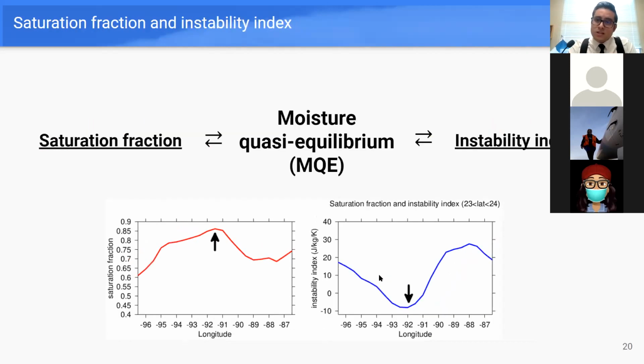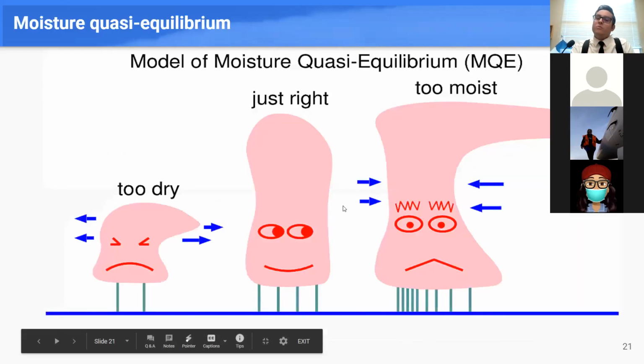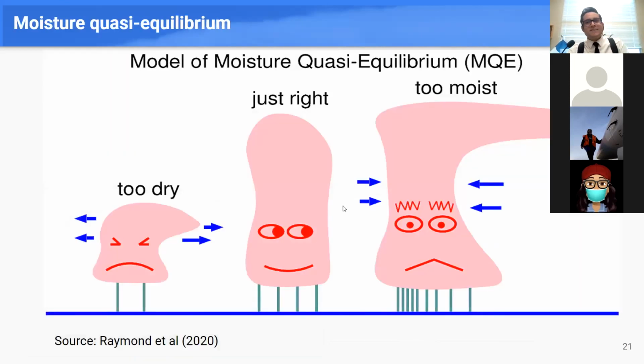And this anti-correlation is the basis of the concept called moisture quasi-equilibrium, MQE, which we had talked about. So MQE is a convective feedback mechanism defined by the anti-correlation between saturation fraction and instability index, as you can see in this image. So we'll talk a little bit about what moisture quasi-equilibrium is with this very nice diagram that appears in the newest Raymond et al. paper.